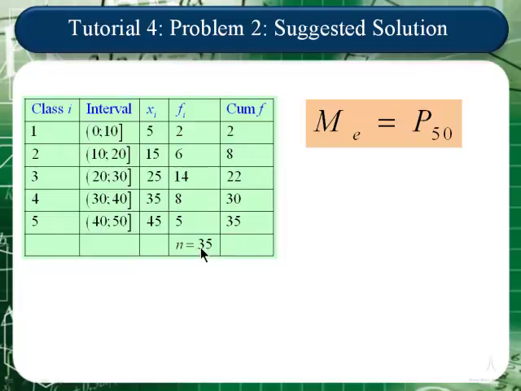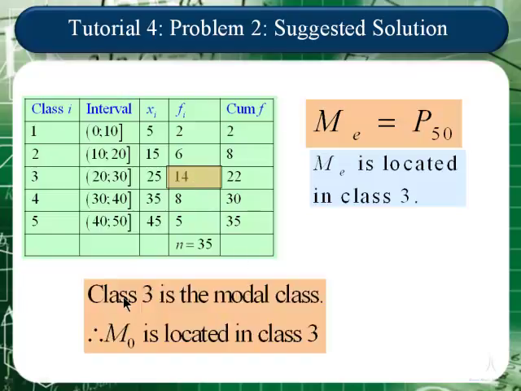Of course that's not possible for learners, but we can clearly see that that magical number must be somewhere in this class. So clearly the median is located in class 3. The 14 is the highest frequency of all the classes, so class 3 is also the modal class, and therefore the mode will be located somewhere in class 3.